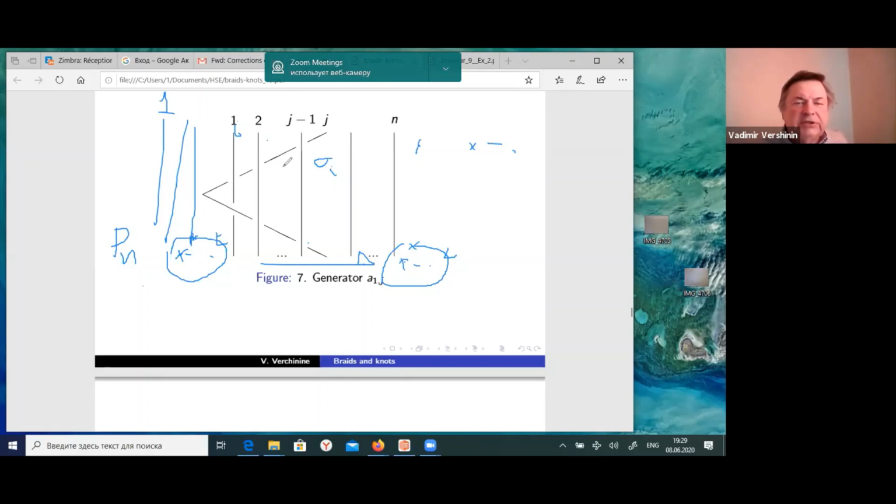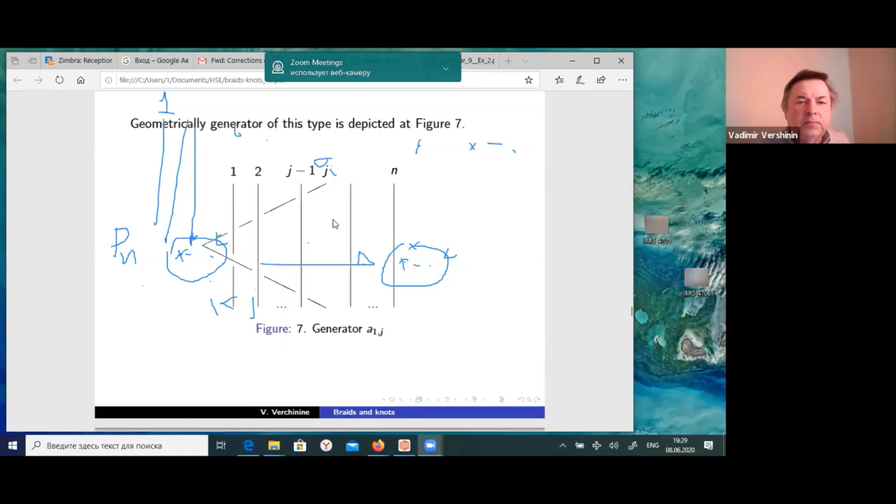So it doesn't touch other strands, only the strand number i. Sure, i should be less than j. Okay? We denote it by A. Here it is A_1j, but in general this is A_ij.